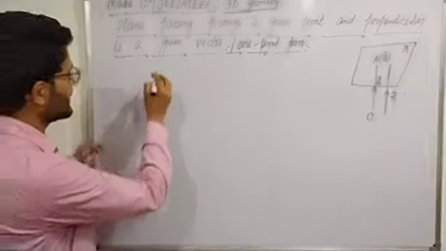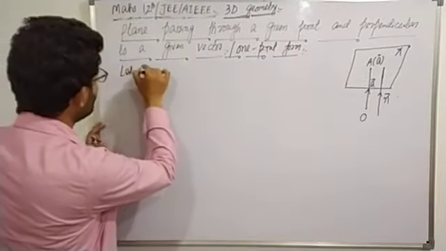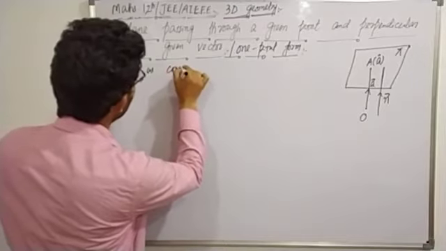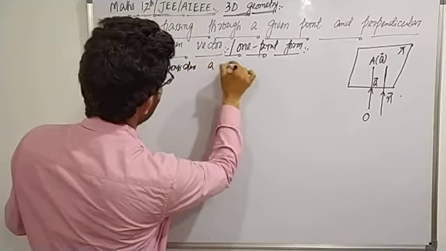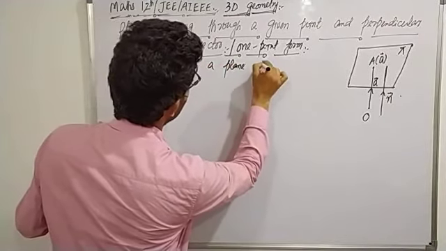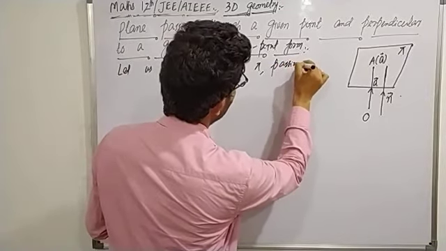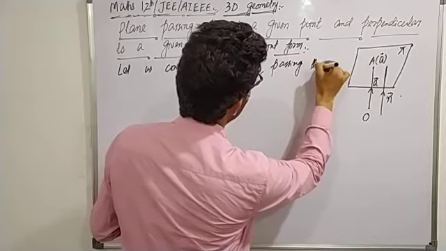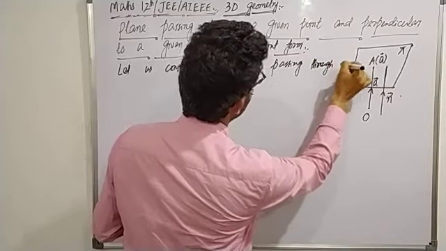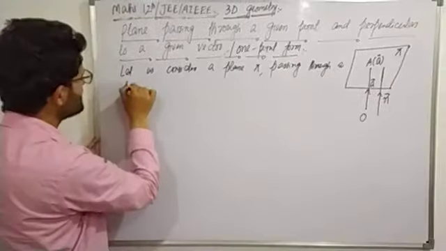तो यहां पे मेंशन कर देंगे, let us consider a plane pi passing through a point. कौन से पॉइंट में से पास हो रहा है?